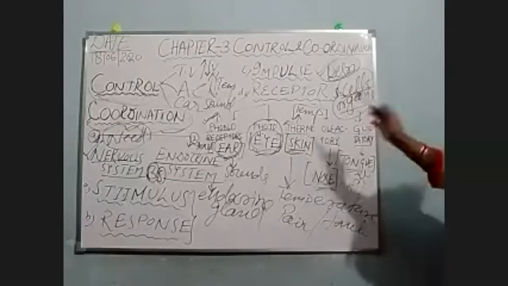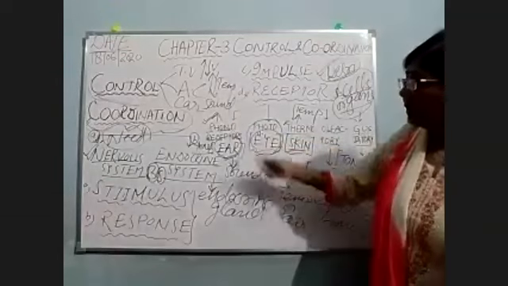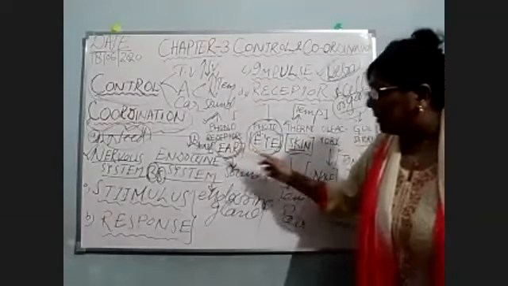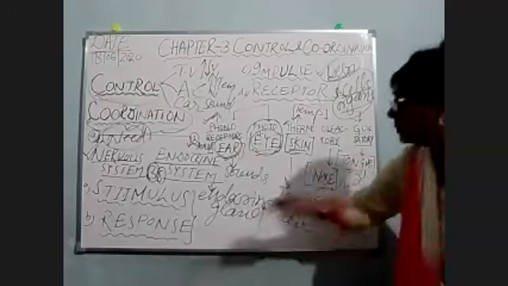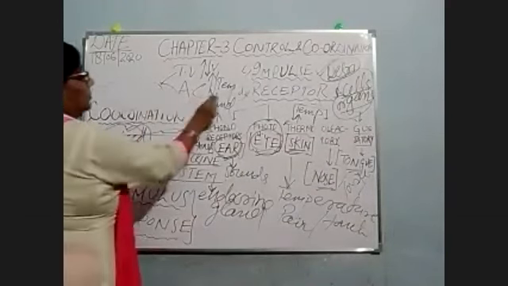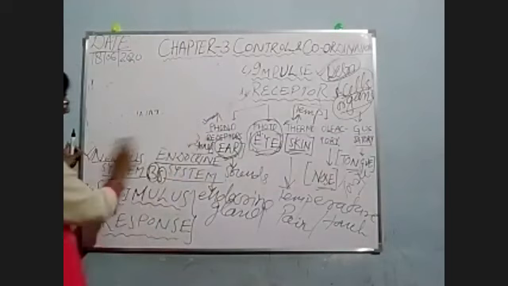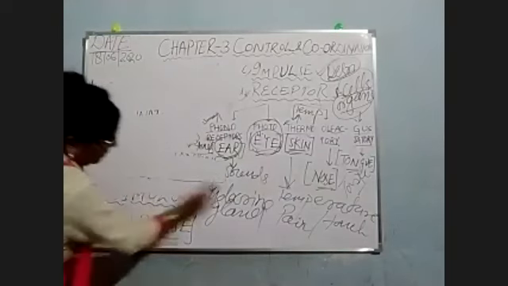Control, coordination, why it is required, nervous system and endocrine system, stimulus, response, impulse and receptors. Now we will discuss the nervous system.